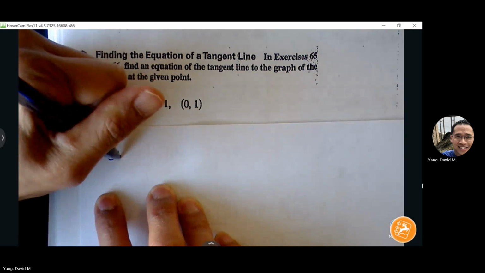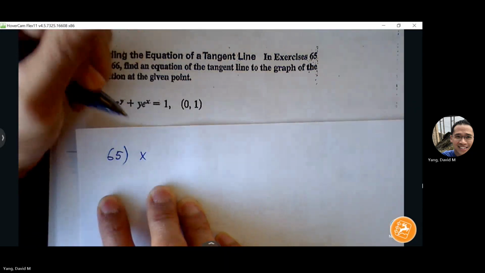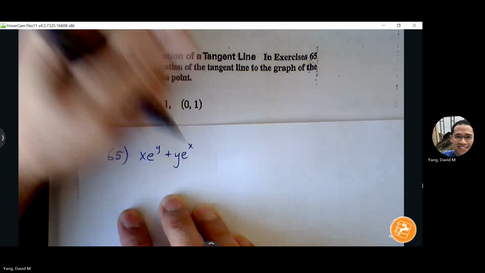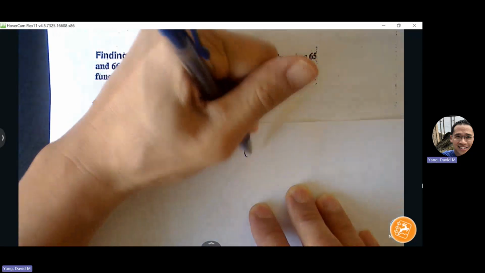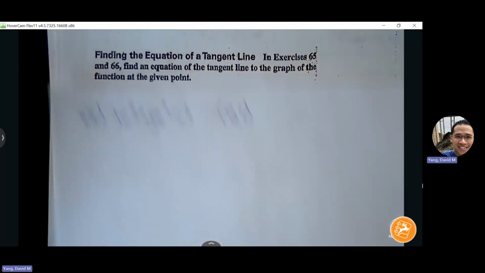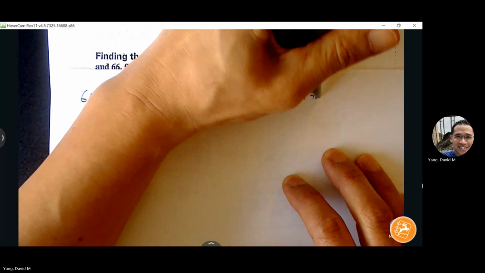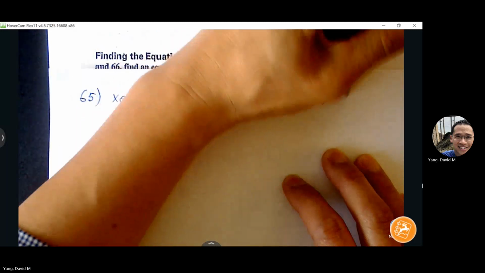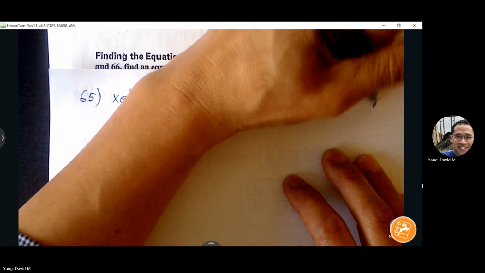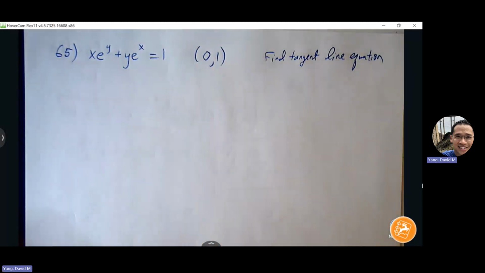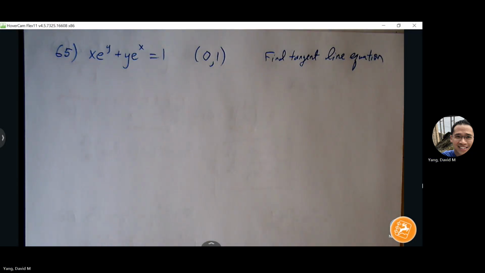65. Okay, we may have seen these problems already, but it's good to just have some additional practice, right? Okay, so again, what's involved here? Product and implicit, good. Product rule, how many times?